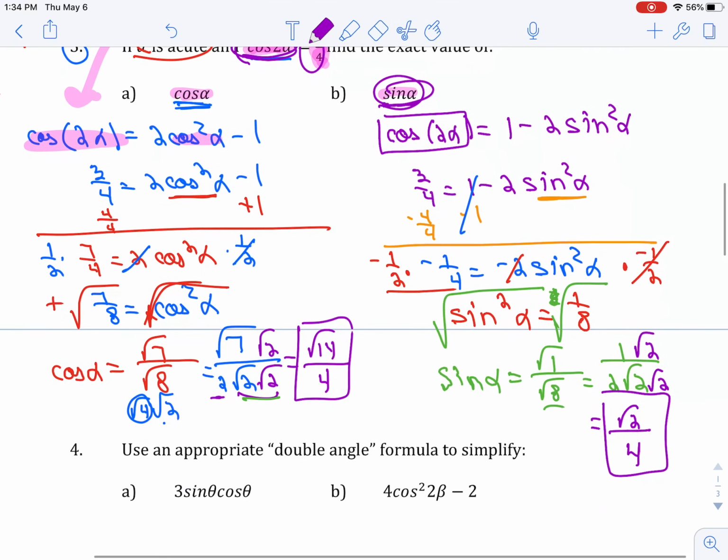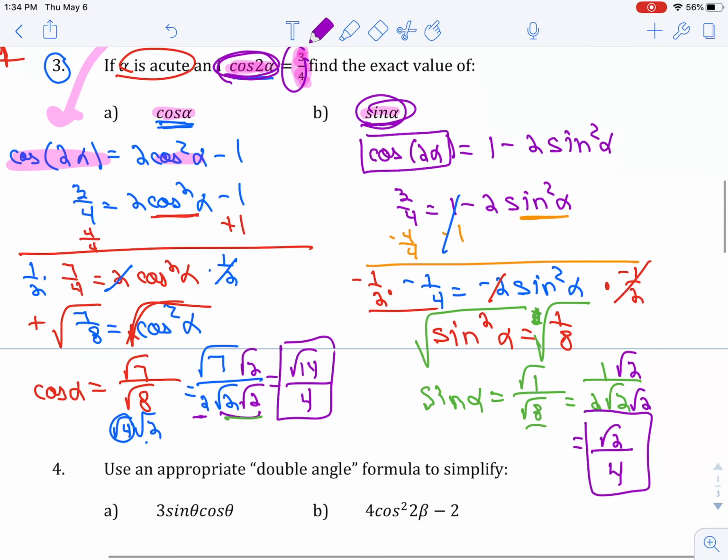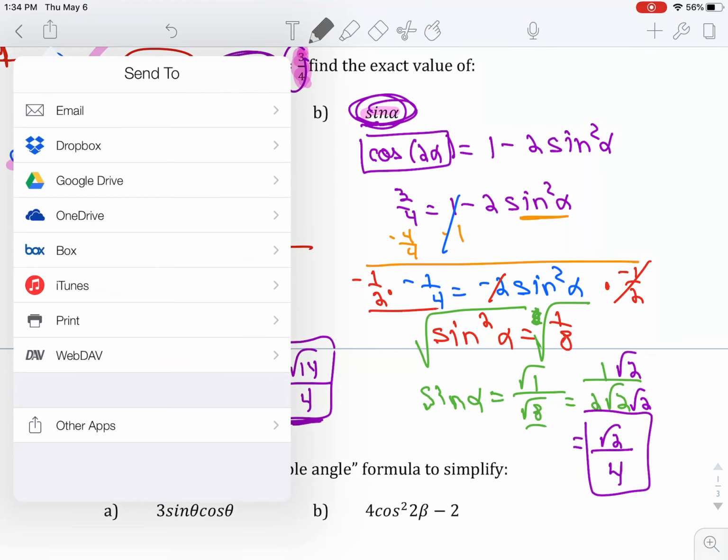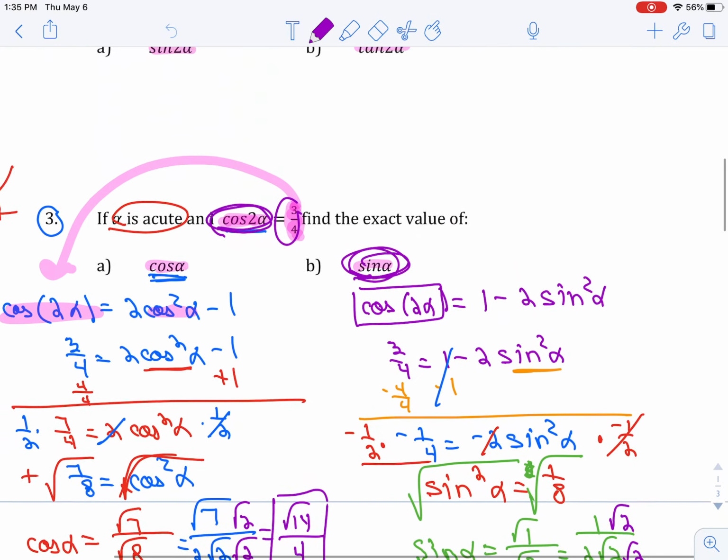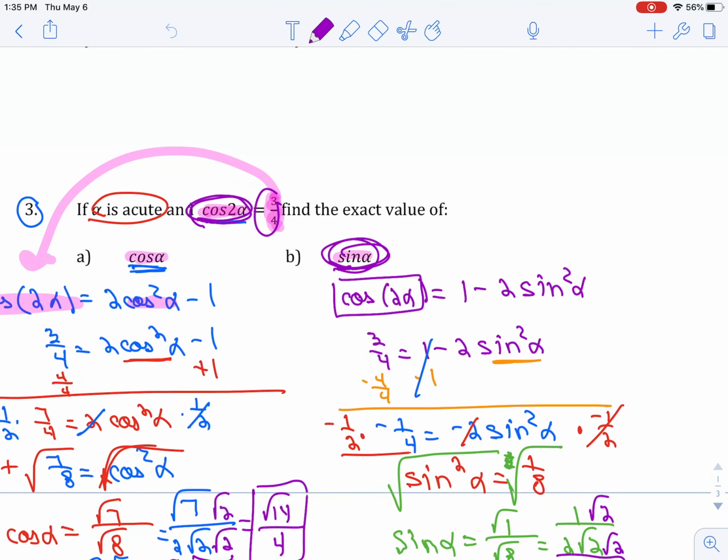Now, I will point out that there is another way that you can find the sine of alpha, because if I know the cosine of alpha, which I do right here, then I can use the Pythagorean identity. So we know that sine squared theta plus cosine squared theta is equal to 1.